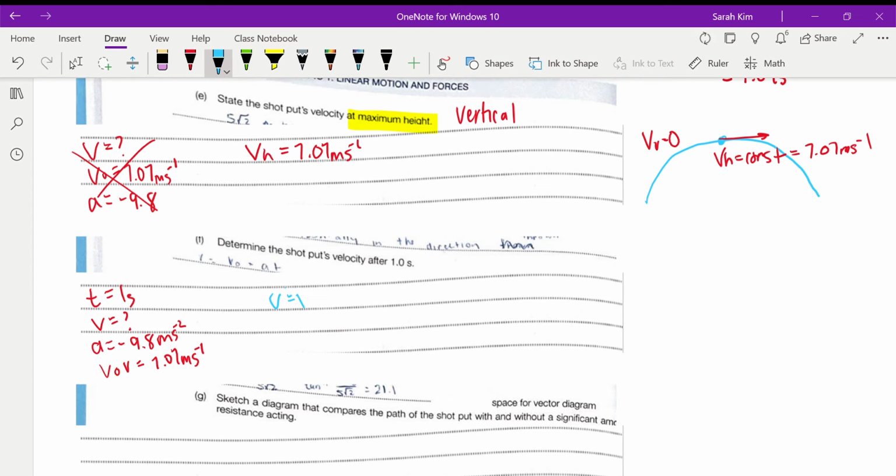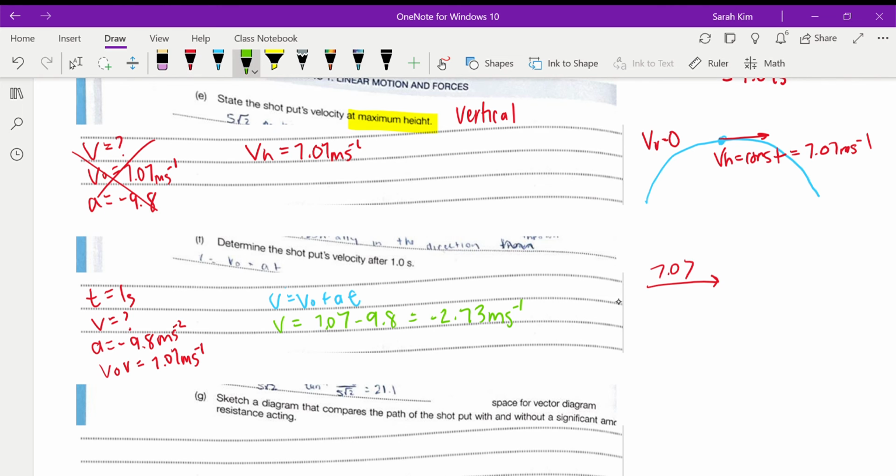V equals V naught plus AT. V equals 7.07 take 9.8, so basically negative 2.73 meters per second. Now that's my vertical component. My horizontal is always the same at 7.07.